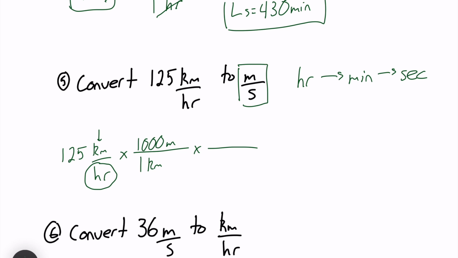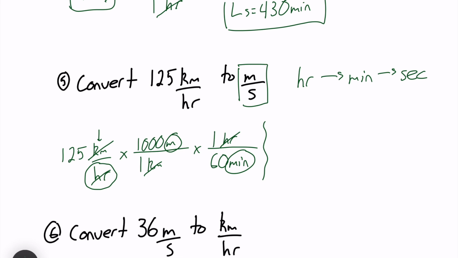So what we'll put is 1 hour on top and 60 minutes on the bottom. That is going to get rid of our hours. Our kilometers are already rid of. And right now, if we were to stop right here, our units would be meters per minute.